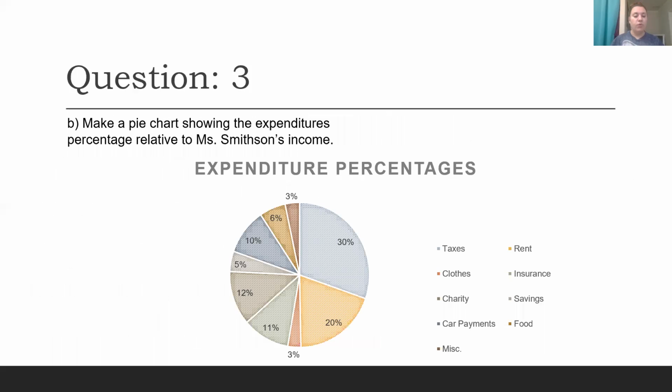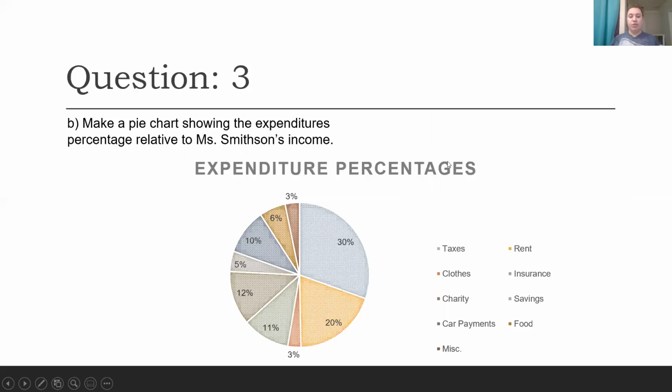So now, moving on. We're going to make a pie chart showing the expenditure percentages relative to Miss Smithson's income. Everything's labeled here, and then this is our percentage.